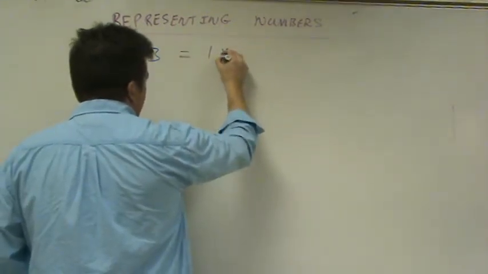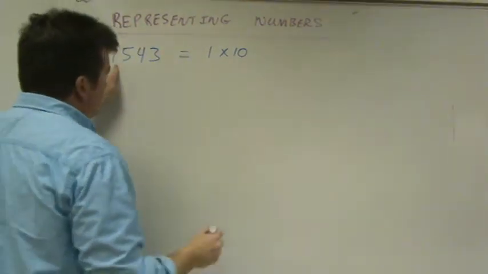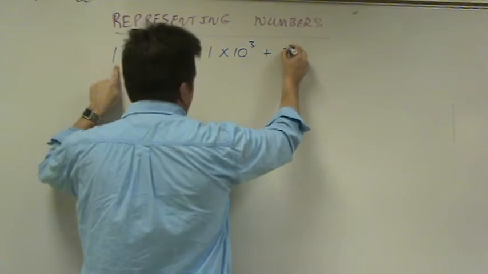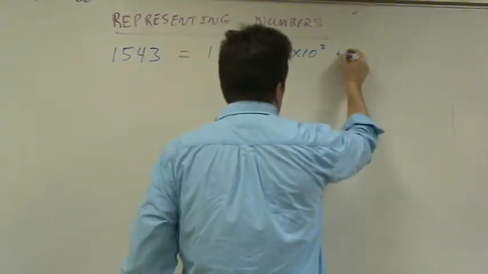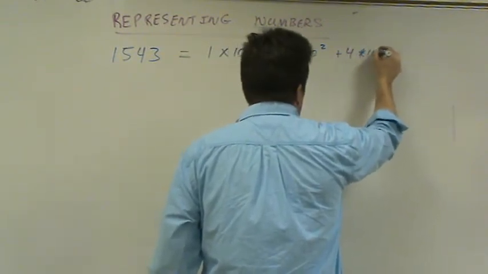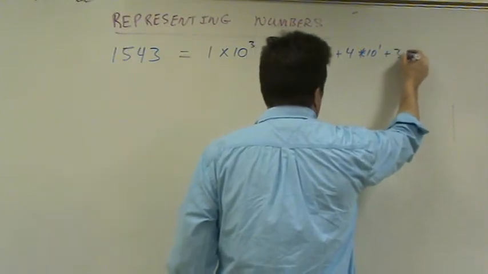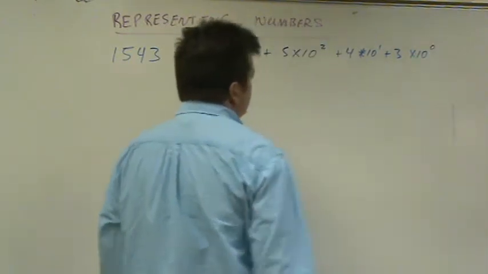1 times 10 raised to the third power plus 5 times 10 raised to the second power plus 4 times 10 raised to the first power plus 3 times 10 raised to the 0 power.